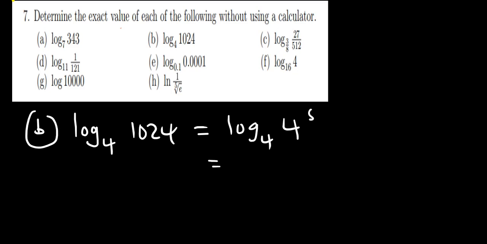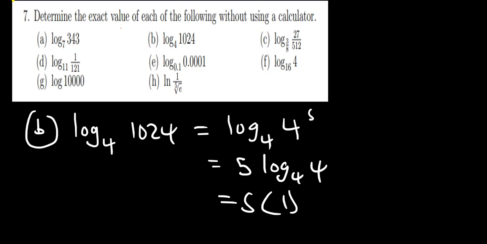We can drop the power using the rules, so that would be 5 log base 4 of 4. Log base 4 of 4 is just 1, so this will just be equal to 5.